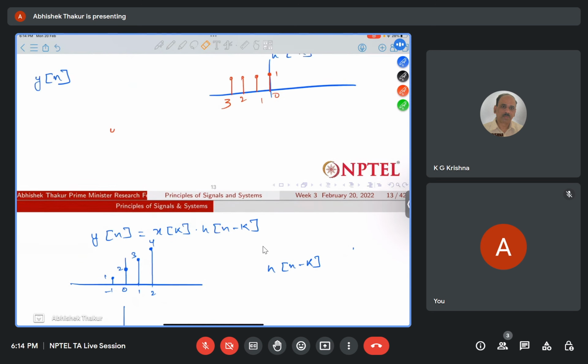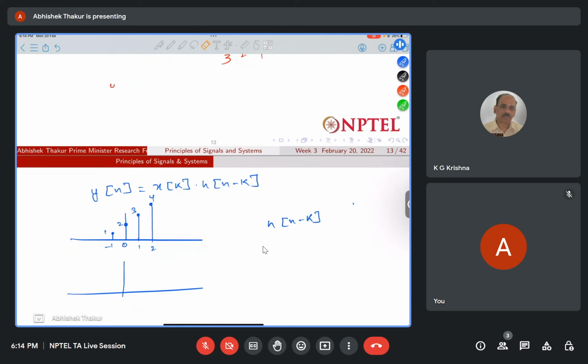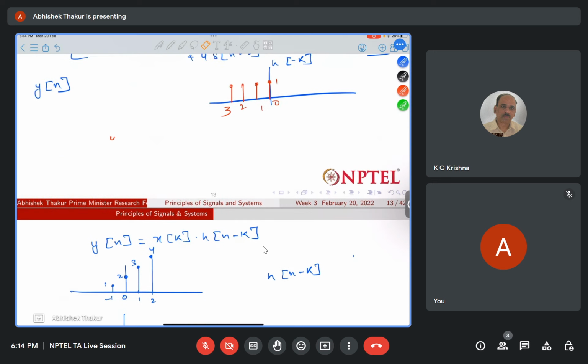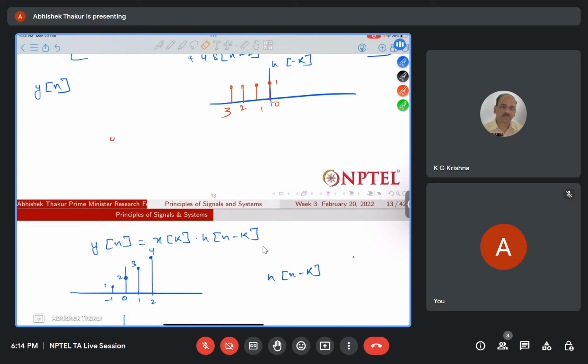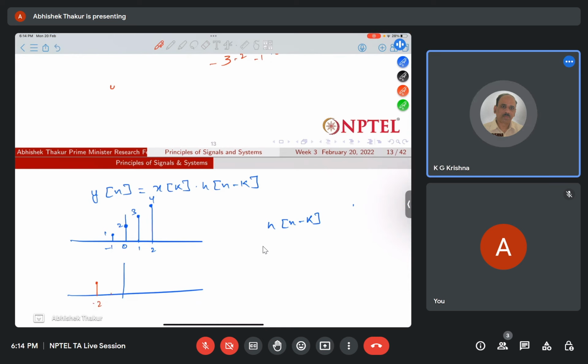Let's suppose we are taking h of minus k is there like this. If we are shifting 1 unit ahead, so h of n minus k, let's suppose n is equal to 1, so it will go 1 unit forward. It will start from -2, -1, 0.